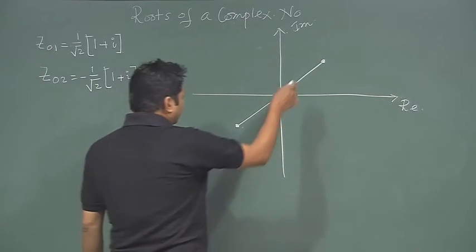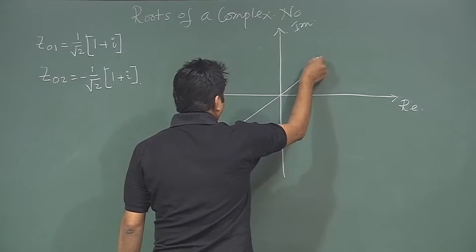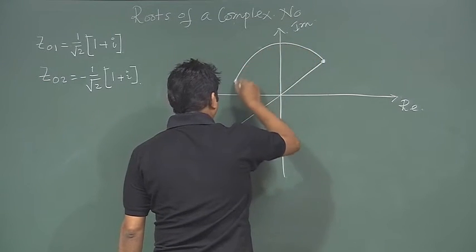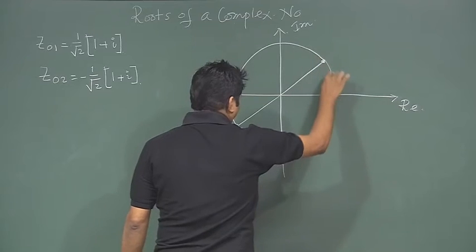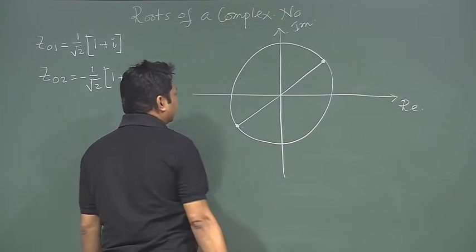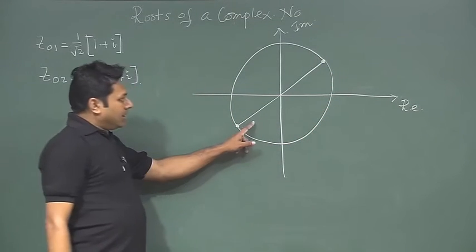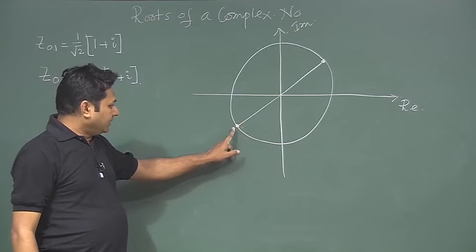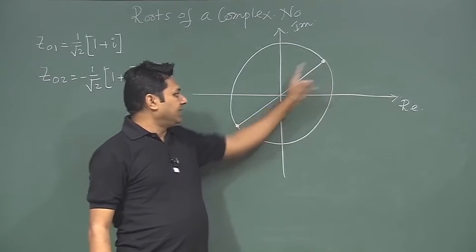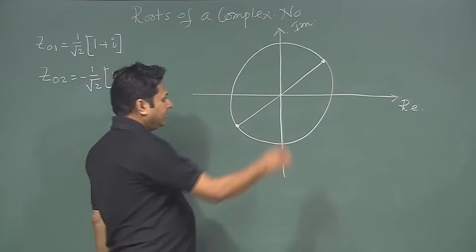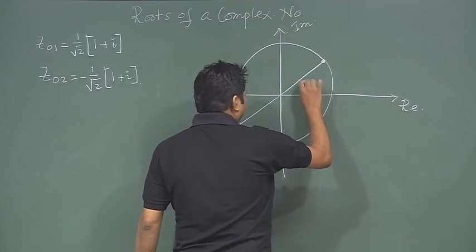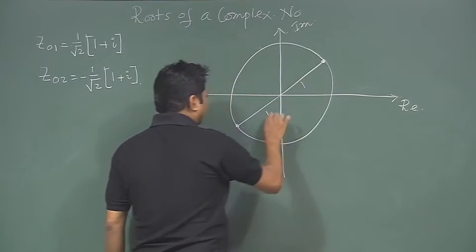Essentially, I will show that in the next example. We will show that these roots, whatever roots I am getting here, if it is 2, I am getting 2 points which are located here and here, but on the circle of radius 1. So, this is 1, this is 1.